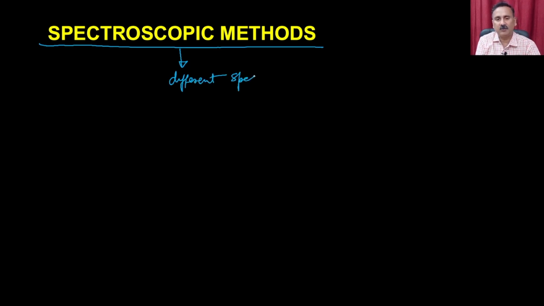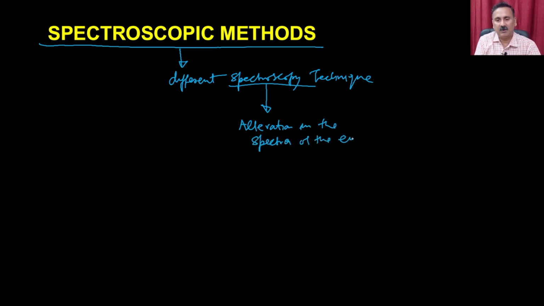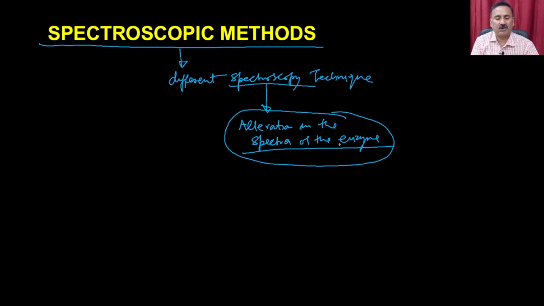As the name suggests, spectroscopy means you are going to see alteration in the spectra of the enzyme or substrate, and the alteration in the spectra of an enzyme can be possible in many ways.